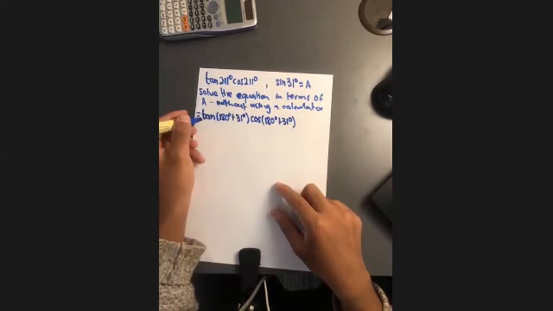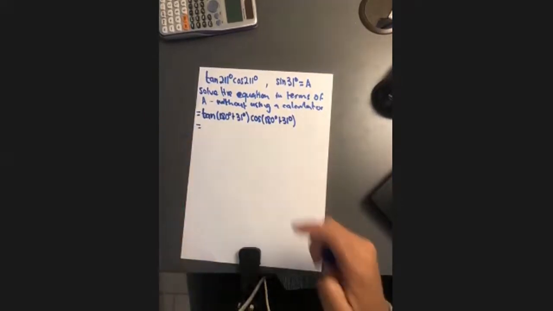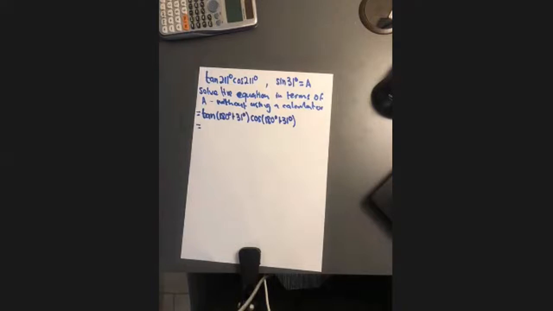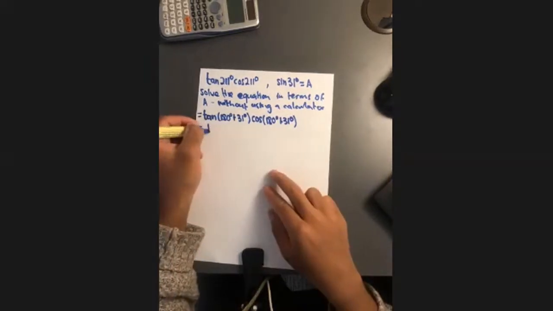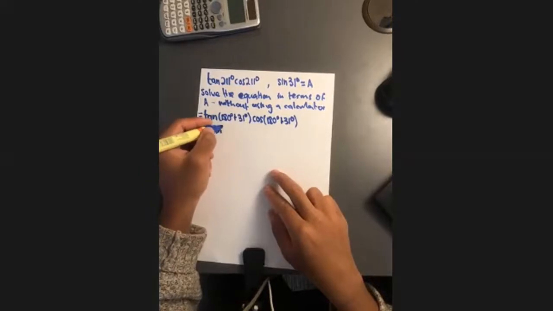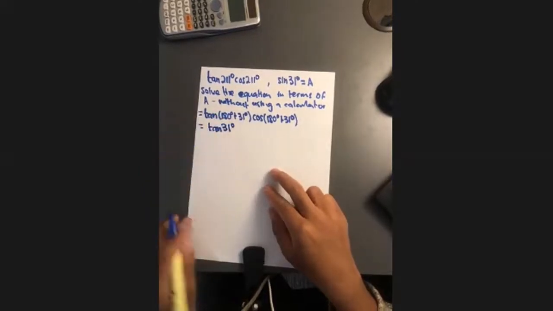And then we know that 180 plus 31 degrees lies in the third quadrant. In the third quadrant, we know that tan is positive, so this is going to be reduced to tan of 31.